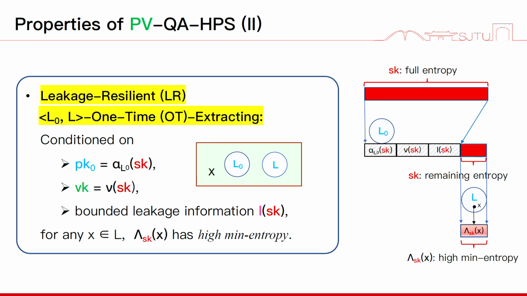We also define a statistical leakage-resilient (L0, L) one-time extracting property, which is parameterized by two languages, L0 and L. It requires that conditioned on the projection key PK0 on the first language L0, and conditioned on VK, and some bounded leakage information of SK, then for any x in the second language L, its hash value should have a high min-entropy. This high min-entropy ensures that for any unbounded adversary, it is hard to output the correct hash value for any x in L.